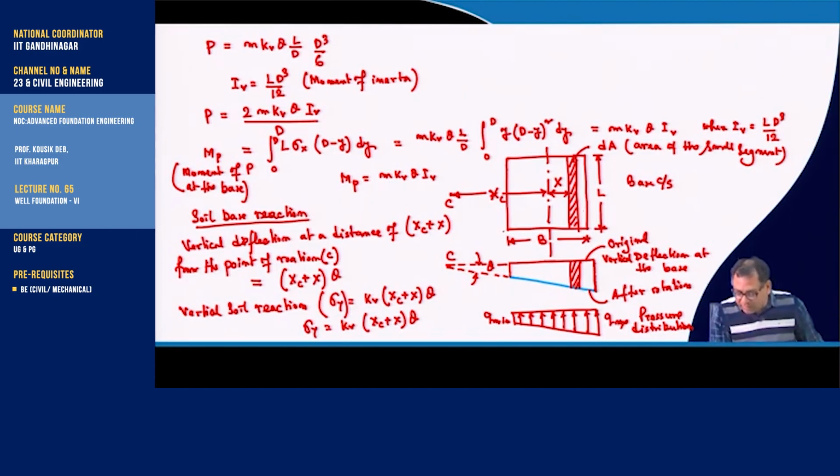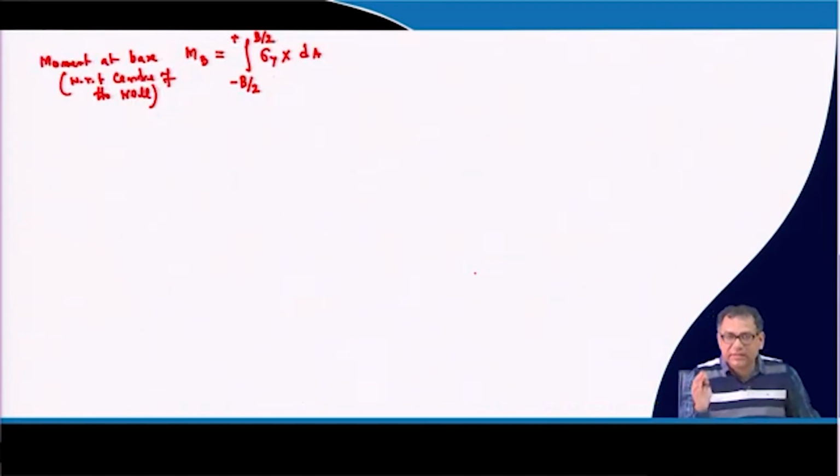So, from minus b by 2 to plus b by 2, because the center is considered as the origin.